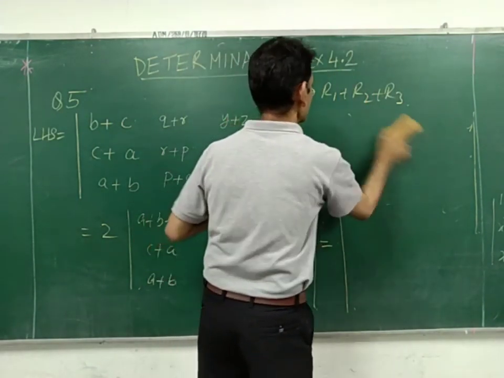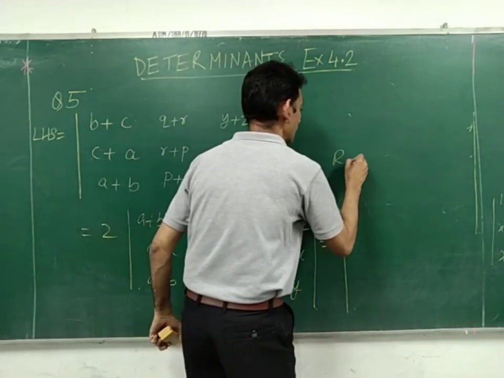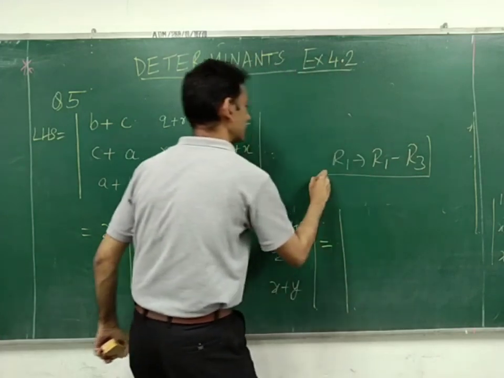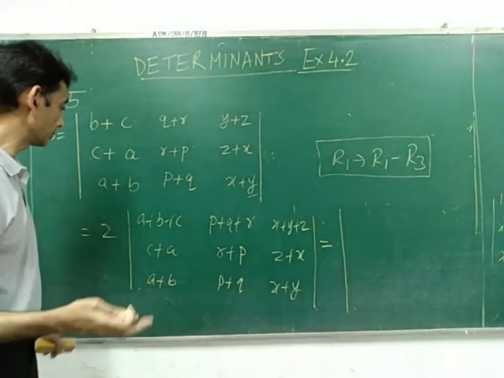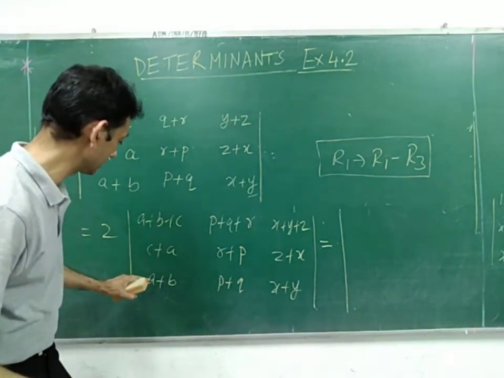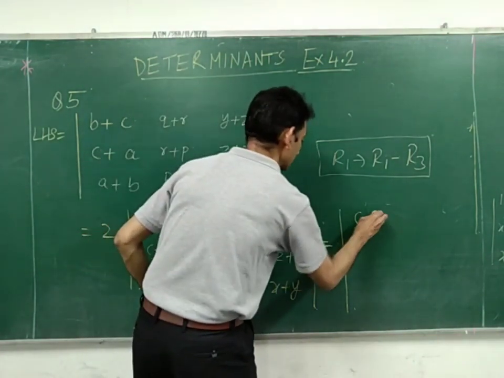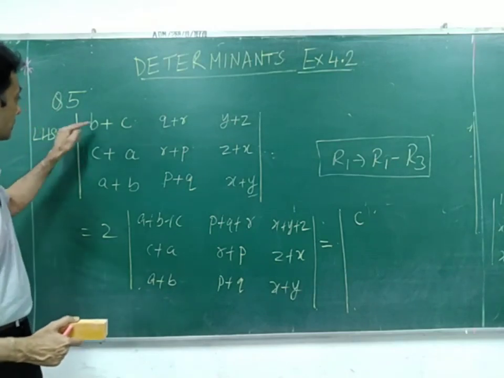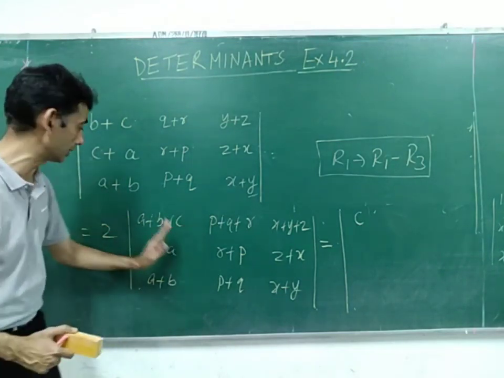What operation are we going to use? We are going to change R1 in terms of the third row. When you use a particular property, don't forget to write it. So A plus B plus C minus A minus B gives us C. Next, A plus B plus C was already there after taking 2 common.